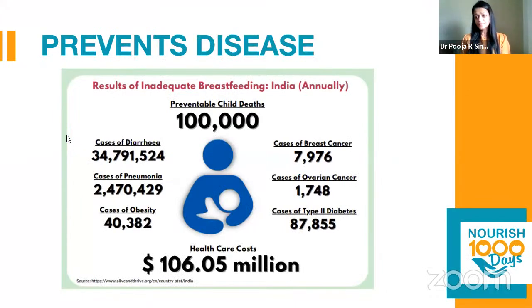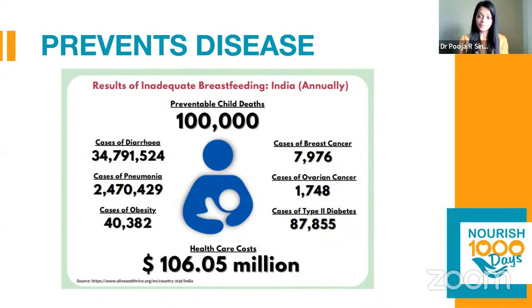And why we are talking about breastfeeding, I would just like to highlight that recent studies have shown that in India, every year we can save 100,000 children from dying if we are able to do adequate breastfeeding. Then 34.7 million cases of diarrhea can be prevented, and 2.4 million cases of pneumonia.